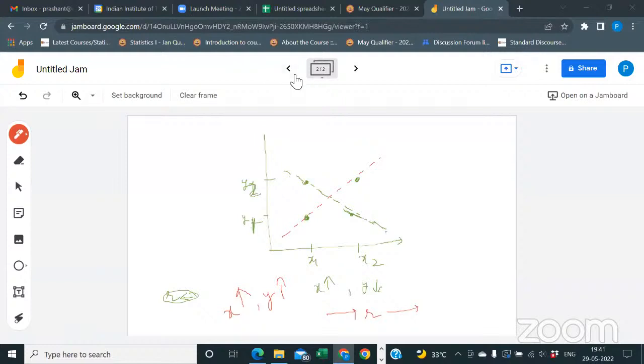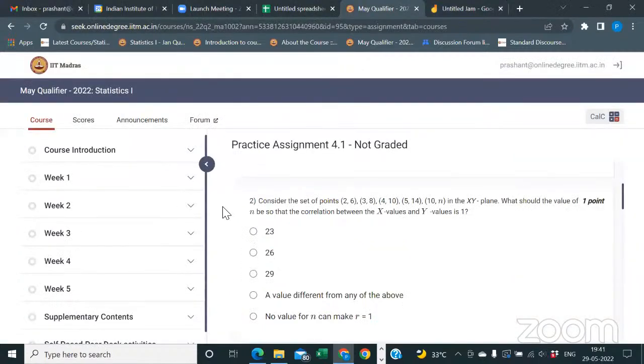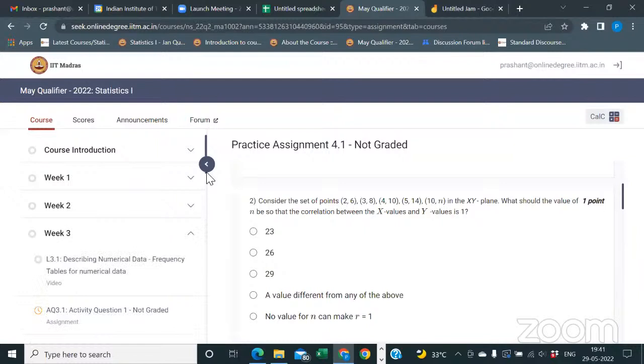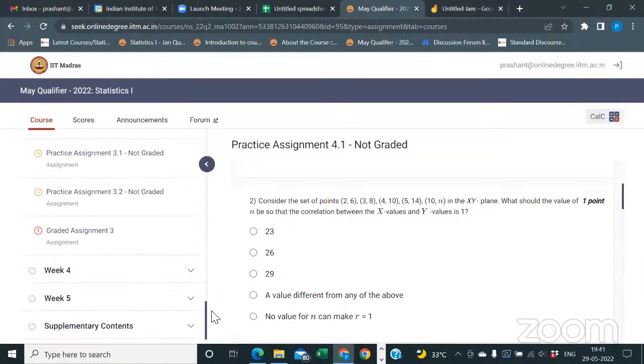Sir, I had one more question. Yes, please. I had a question about the 5-number summary. In practice set 3.1, there was a question regarding the mean from the 5-number summary. How can we get the mean from a 5-number summary? Okay, in which practice was it? Practice set 3.1. One second.